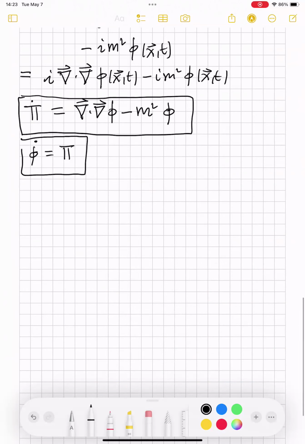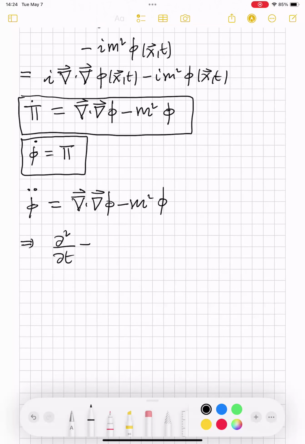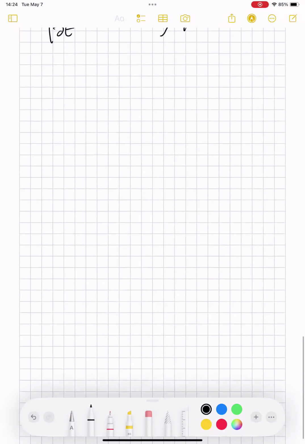Now, if I take the second Heisenberg equation, I plug it into the first one, then because phi dot is pi, pi dot will be phi double dot. So phi double dot will be equal to the Laplacian on phi minus m squared on phi, which we can rearrange to say the second derivative minus the Laplacian plus m squared acting on phi is equal to 0.